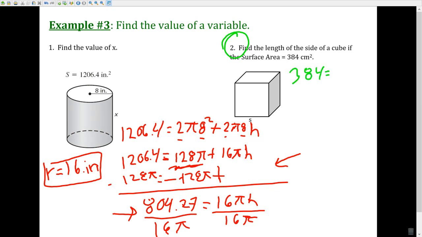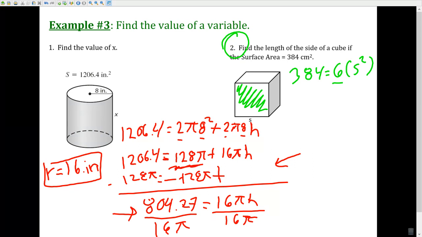384 equals, now I know I'm finding the surface area of all the sides. How many sides are there? 6. What's the area of that side? Well, it's going to be s squared, right? And that's it for your equation. That's what you're doing. 6 sides of a dice.